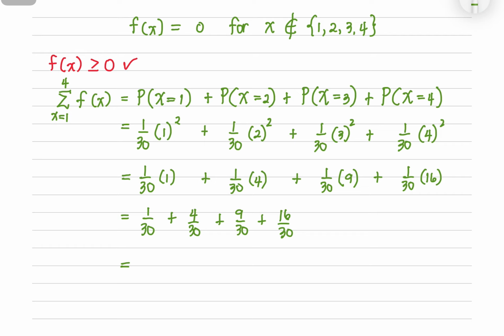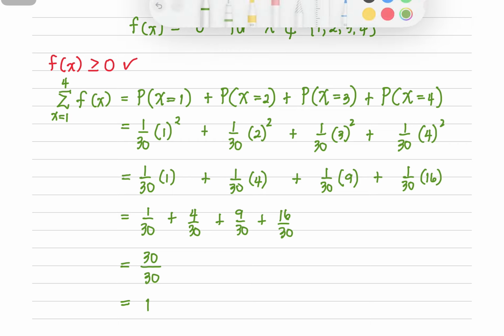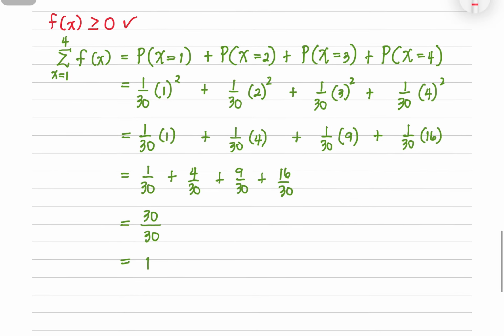So again, what do we know about similar fractions? Dapat kapag ganyan, ipag-add natin yung numerator only, and then copy the denominator, no? Okay, so over 30. So 1 plus 4 equals 5 plus 9, 14 plus 16, 30. Okay, so simplify natin. 30 over 30, that is equal to 1. Gets? So dito, guys, na-prove natin na yung sum ng probabilities ay equal to 1.